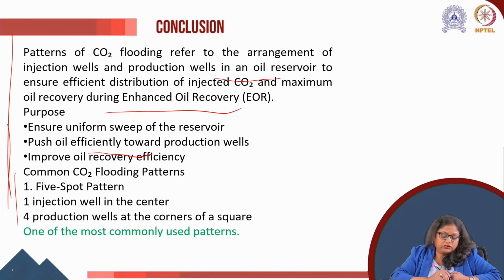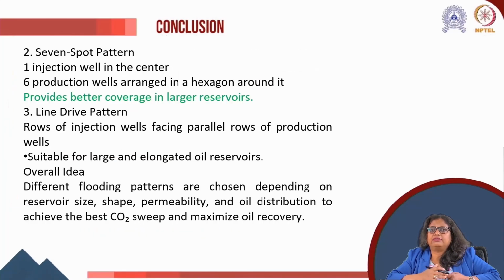Then we discussed some common flooding patterns. The 5 spot, inverted and regular: in the first one, injection in the center, then 4 production wells at the corners. Then we talked about the reverse, where 4 injection wells are at the corners and 1 production well at the center.